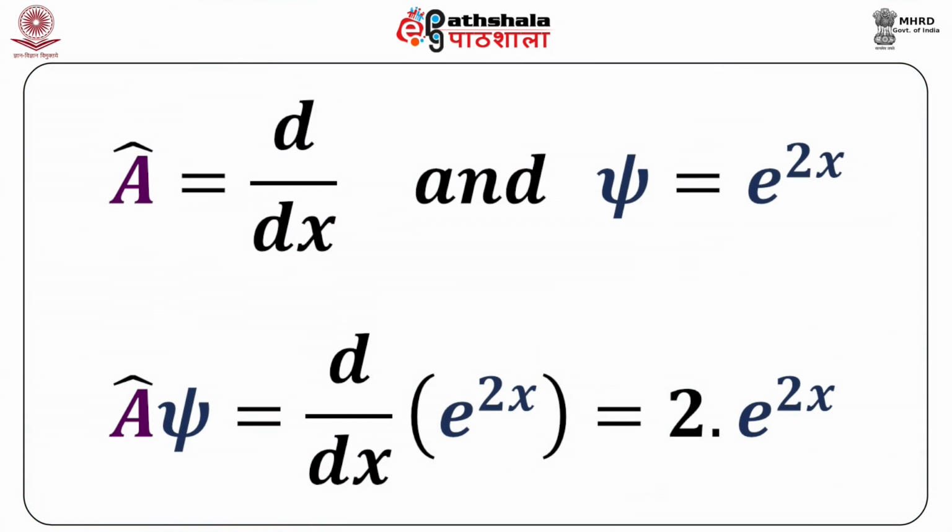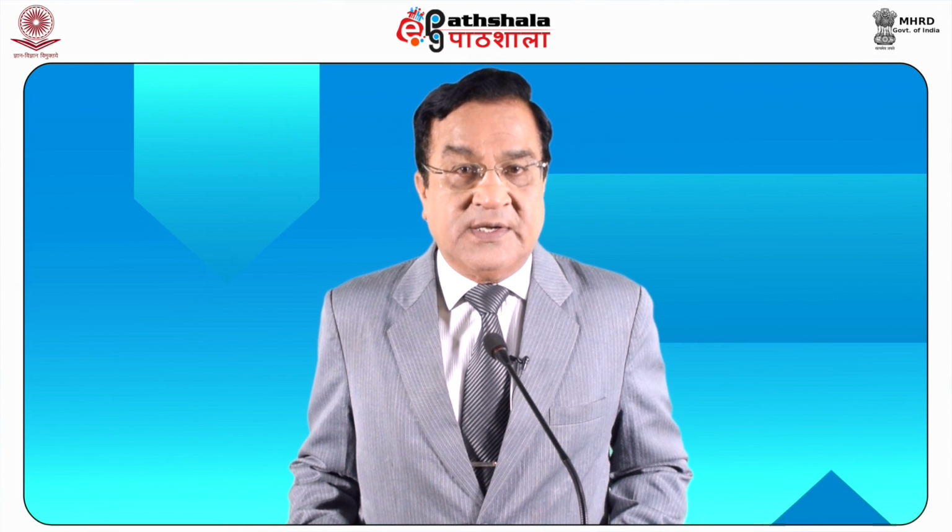Let's take example 4, which is shown here. Here the operator is d by dx, but the corresponding function is an exponential function, e to the power 2x. Again the eigenvalue equation is satisfied. The function e to the power 2x is reproduced with a constant value of 2. This is clear.